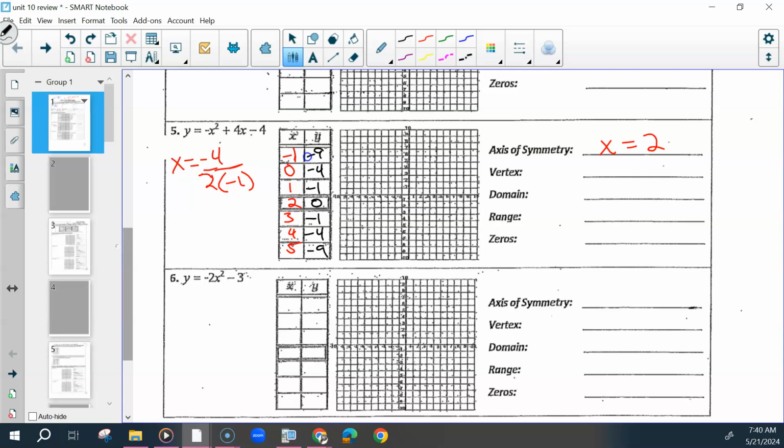Remember that they should repeat, and in the middle, this would be the middle, and then they repeat on both sides, and then you can go ahead and graph those points. Your vertex is going to be that point in the middle, the 2, 0.